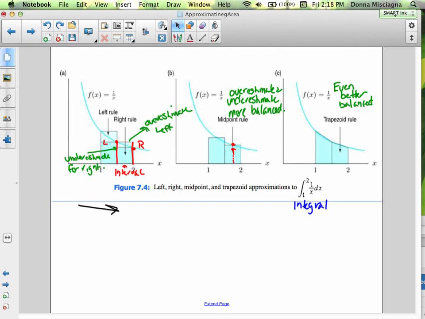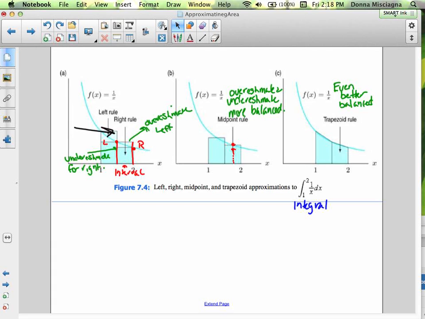All right, so here the left-hand rectangle uses that value there, and then this value here, right? So that would be what the left is using. So notice that we are overestimating on the left Riemann sum because this is a decreasing function. So here, as soon as the bar hits the curve, we use this for the rectangle.